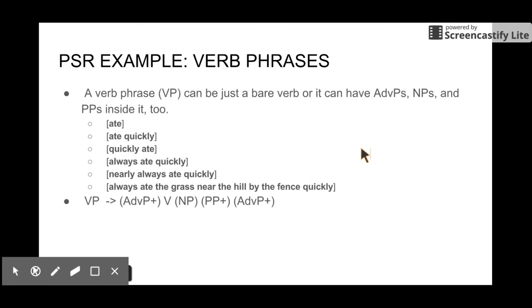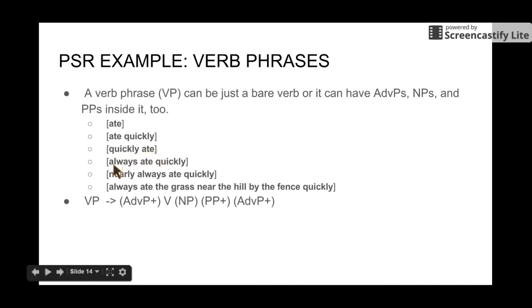Okay, now verb phrases. A verb phrase can be just a bare verb, for example, like ate here, the sheep ate. Or it can have other optional elements like adverb phrase, NP, and prepositional phrases inside too. So, for example, here we have an adverb phrase, and the adverb phrase can precede the head verb as well, right?